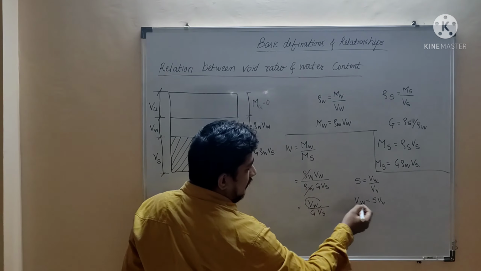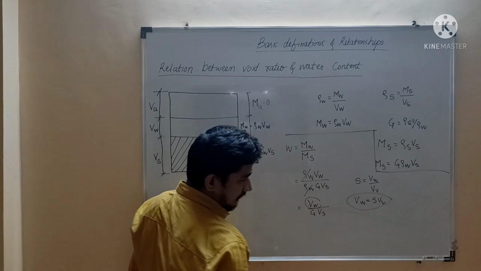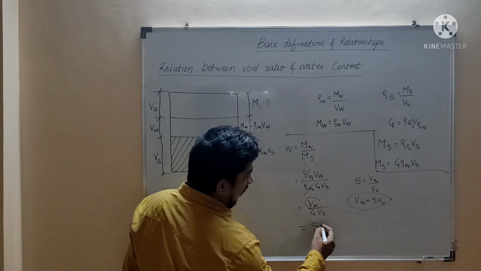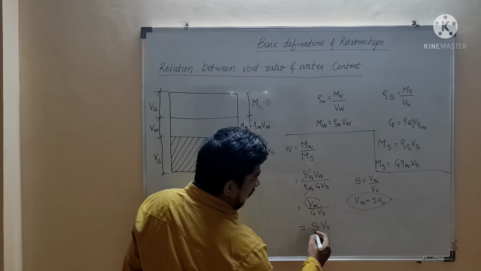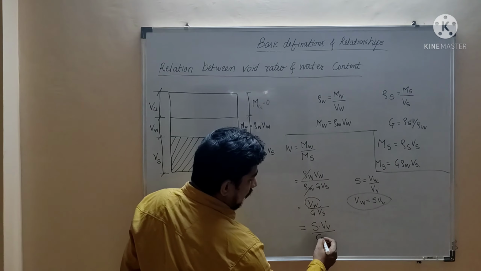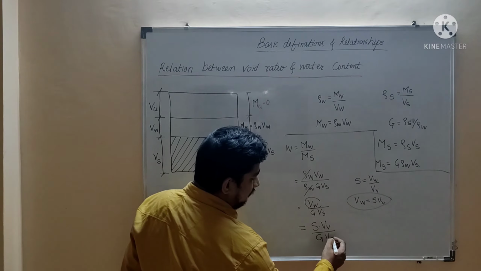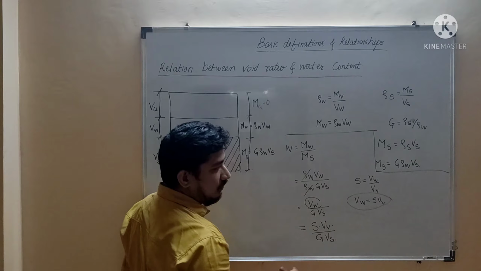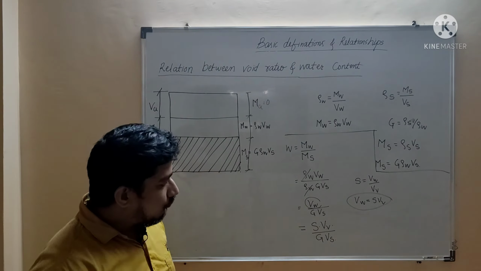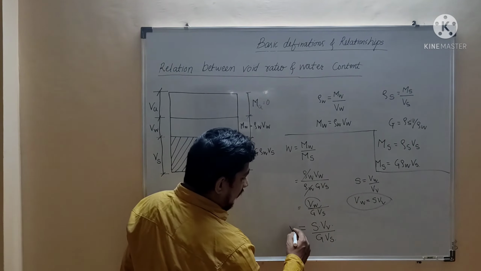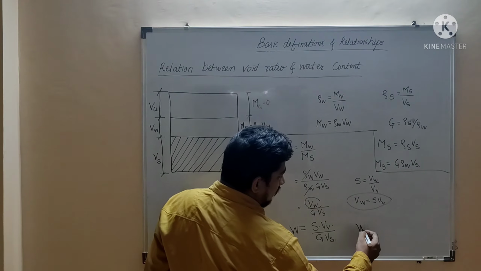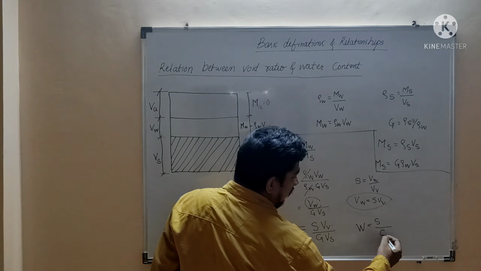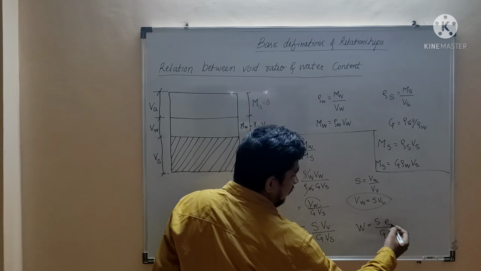So this can be replaced by this term, so S multiplied by volume of voids divided by G into Vs. Now the volume of voids divided by volume of solids is nothing but the void ratio. So that's why W is equal to S by G multiplied by E.